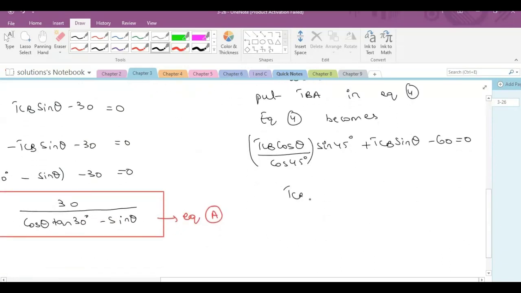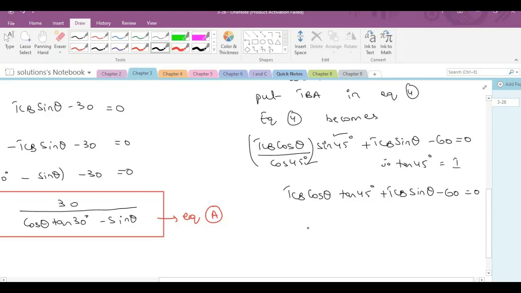Now upon further simplification, sin 45 and this cos 45 becomes tan 45 plus TCB sin theta minus 60 equals to 0. And we know that tan 45 is equals to 1.